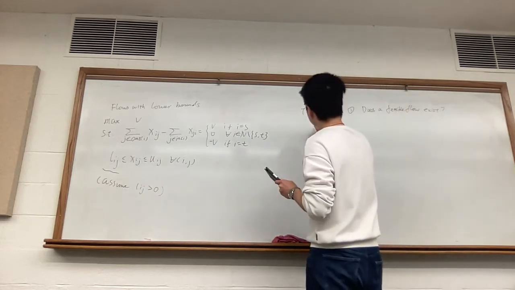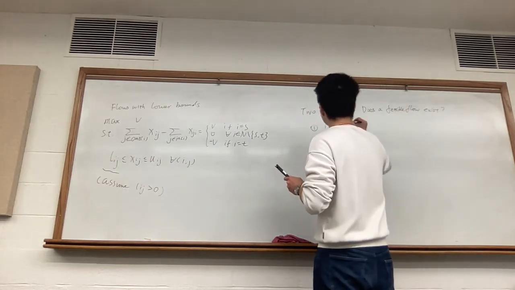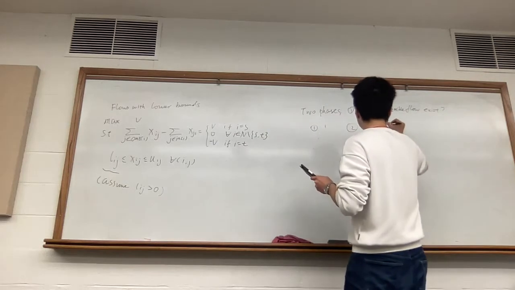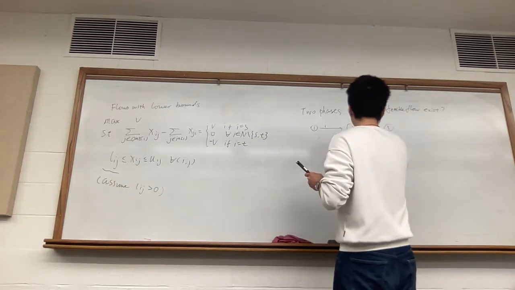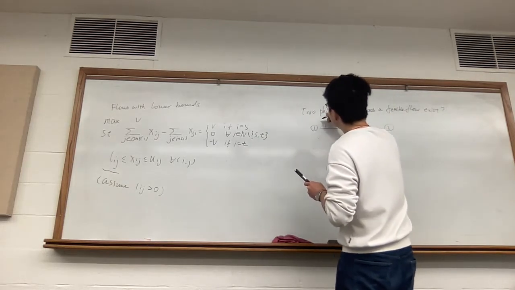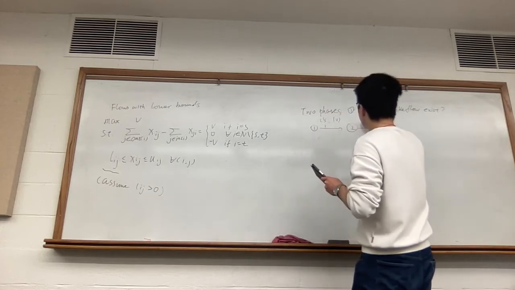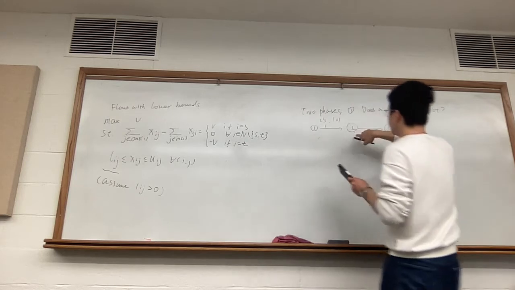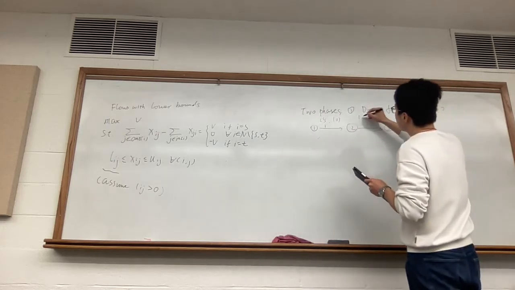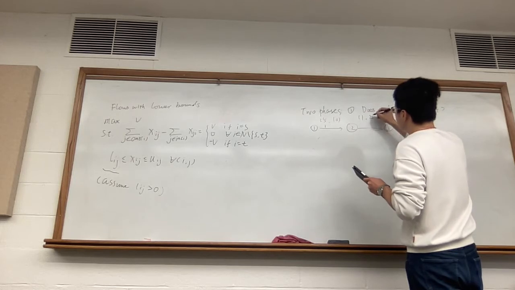So for example, a very easy question. Node 1, node 2, node 3. And suppose for the arc from node 1 to node 2, the lower bound is say 5, the upper bound is 10. But for the arc from 2 to 3, say the lower bound is 1, the upper bound is 2.